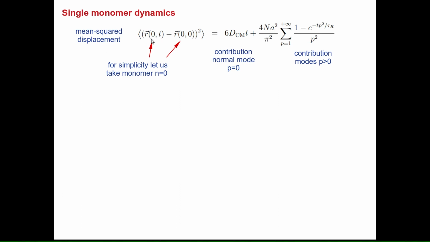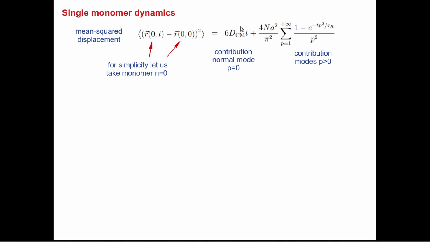is to do exactly the same as we did before. Write this in terms of normal modes, so take the expression from the previous slides, subtract the two at two different times, and square it. Then remember that different normal modes don't talk to each other, so they don't contribute to the correlator.